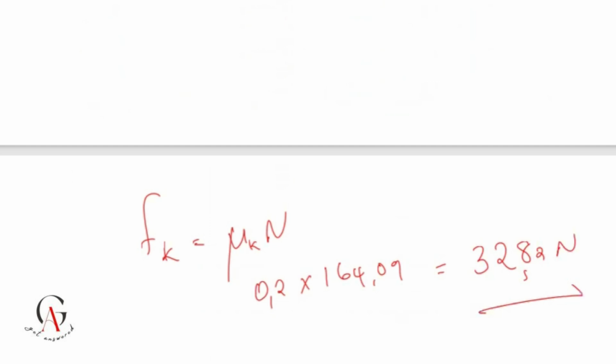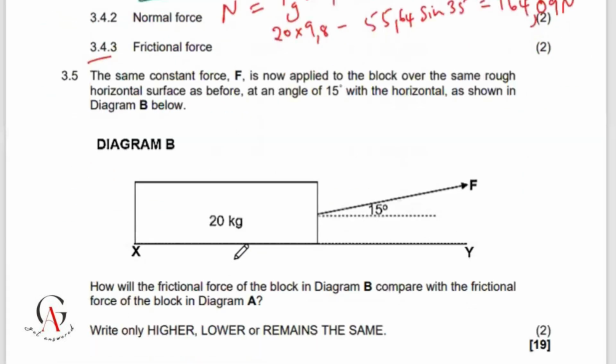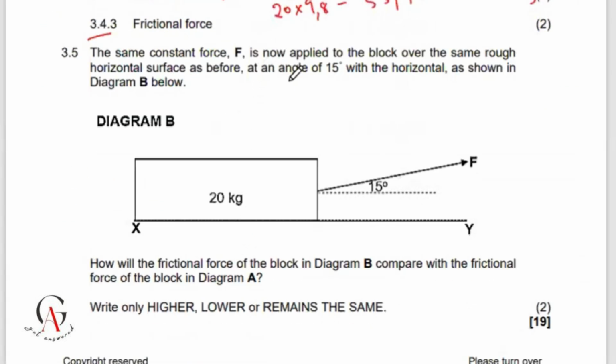Then 3.5, they're telling us that the same constant force F is now applied to a block over the same rough surface, but the angle is now reduced to just 15. How would the frictional force in diagram B compare to that in diagram A?